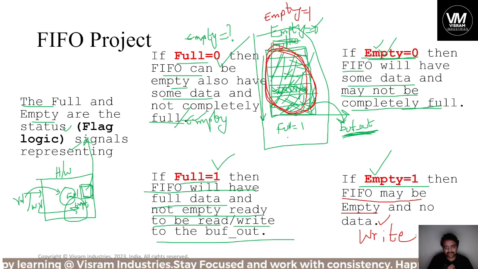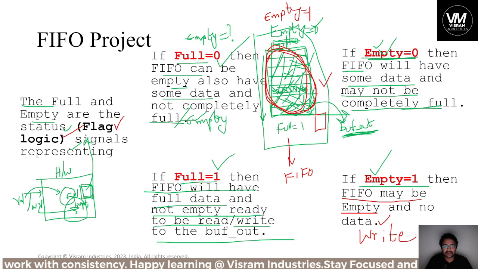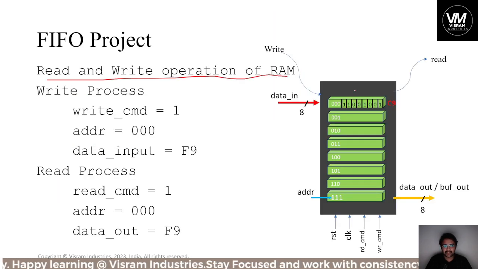If this FIFO is not telling us what is full and what is empty, and what these acknowledgement signals and flag logics are, if it didn't say, how would we know? We will never know. So that is flag logic.